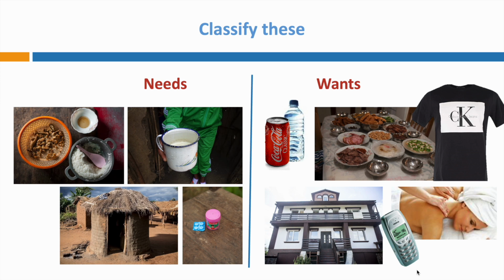Here we have pictures. I specifically put pictures of an old phone, because a phone is not essential for living, but even once you have some basic phone, you're never going to stop there. You always want to have more.